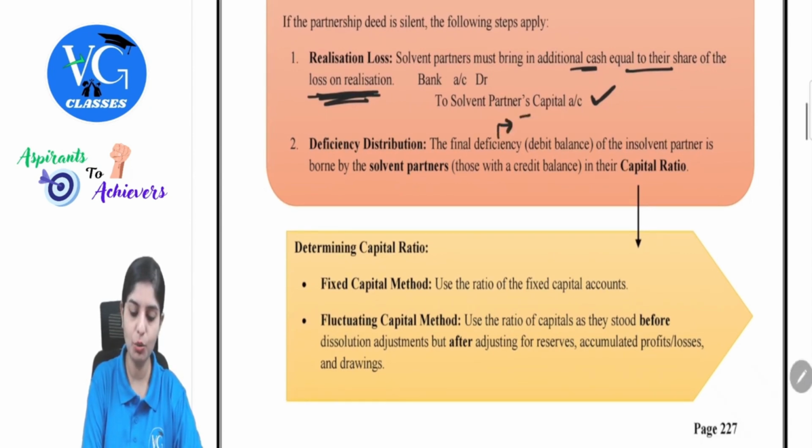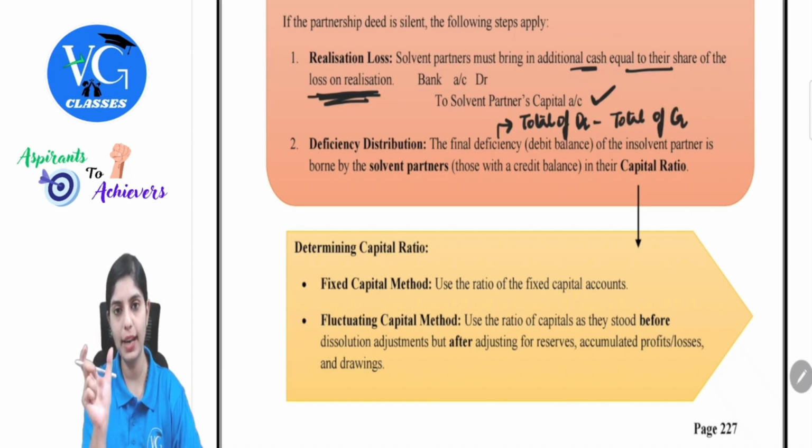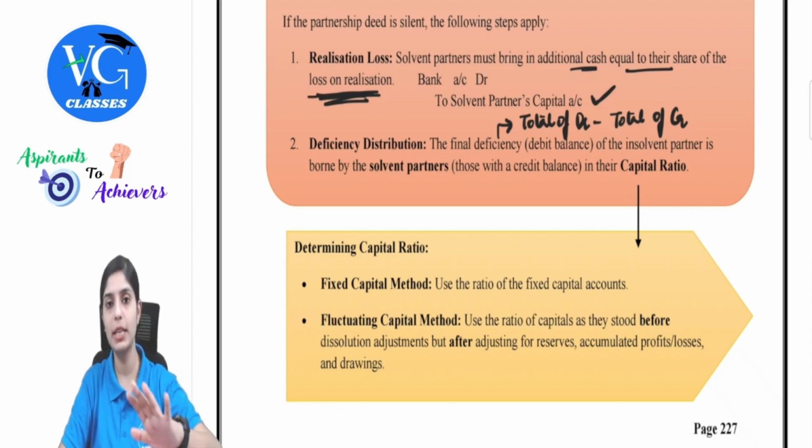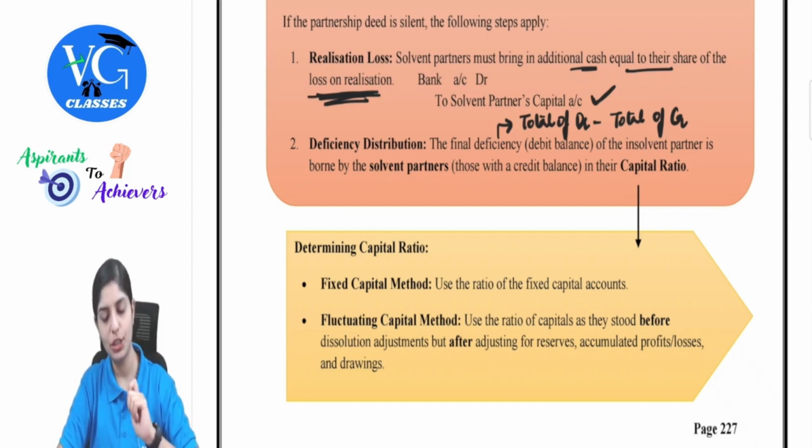You will take the total of the debit side of the capital account minus the total of the credit side. Whatever value you get is nothing but the deficiency amount. The question can sometimes give that we are able to realize some amount from his particular estate. So we will subtract that, and the balance is nothing but the loss. That is termed as deficiency.